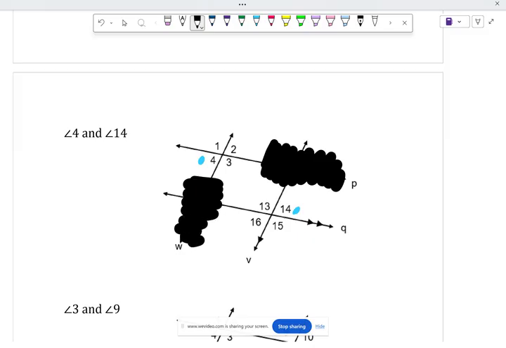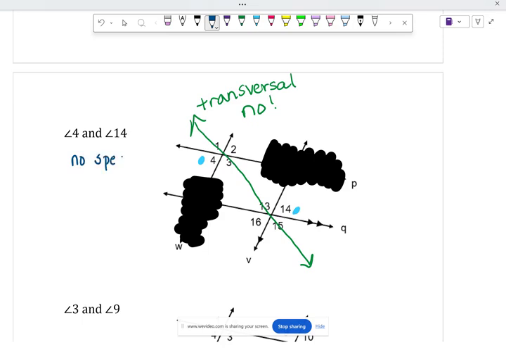Angle 4 and 14 are not connected by one single transversal. There is no transversal that connects 4 to 14. Therefore, angle 4 and 14 have no special relationship.